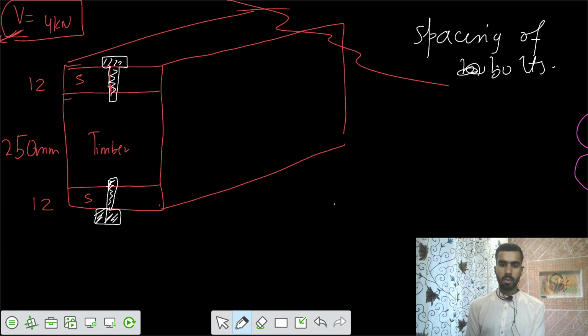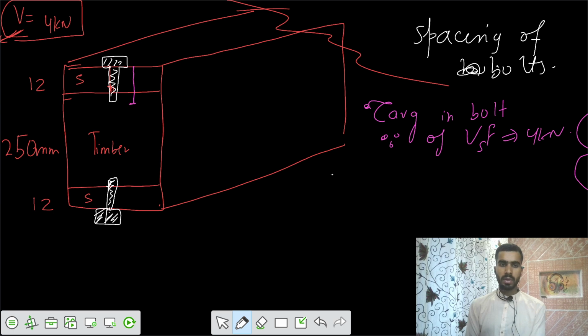Our problem is that you need to get the average shear stress in the bolt because of that vertical shear force of 4 kilonewton. Tau average, because your bolt goes from the top to some depth inside the timber. We take the value just at the junction because it makes the problem easier.